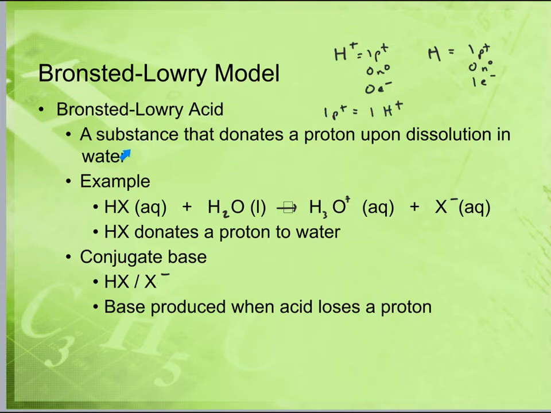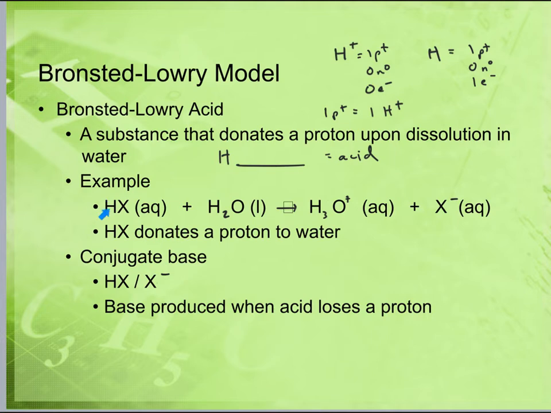They say an acid is a substance that donates a proton upon dissolution in water. And something I haven't mentioned yet: if a compound starts with H and then goes on to something else, that is highly likely to be an acid. Here they're just using some generic acid. X is not a real thing.